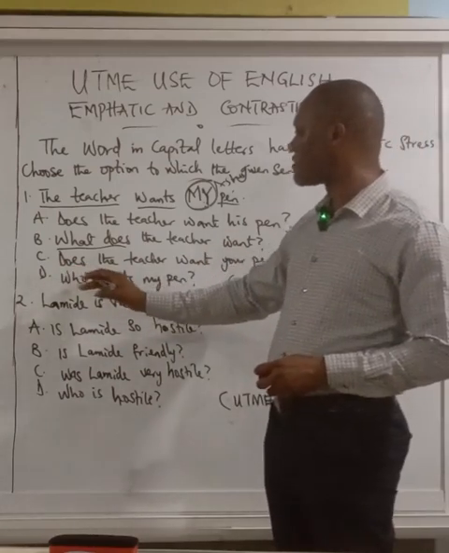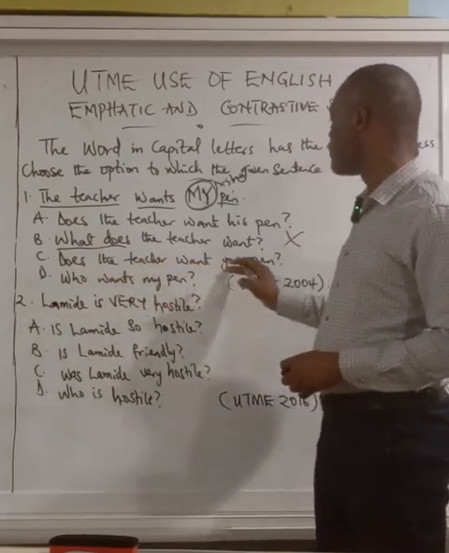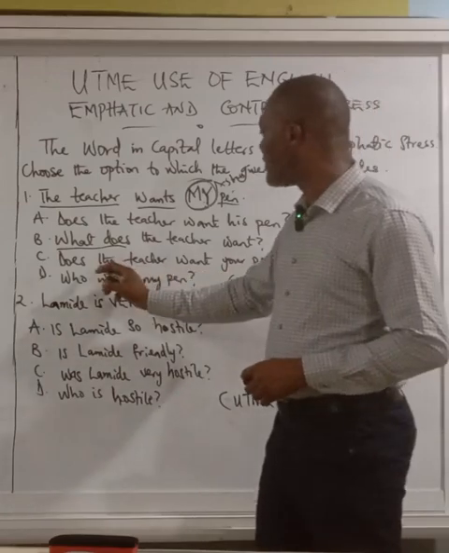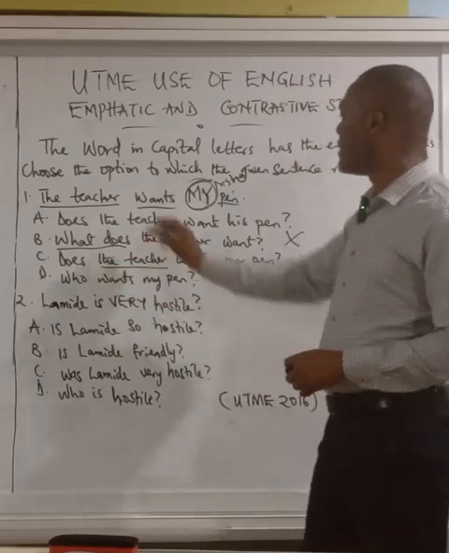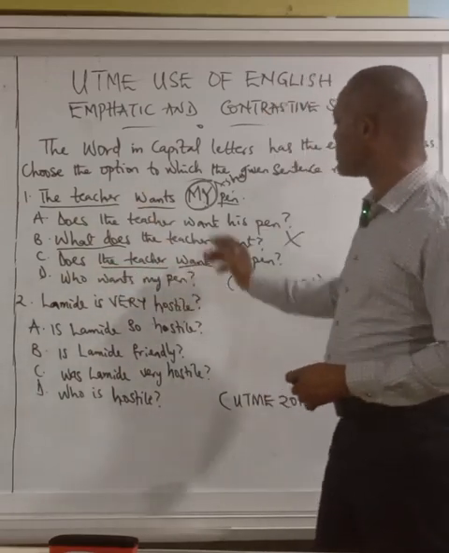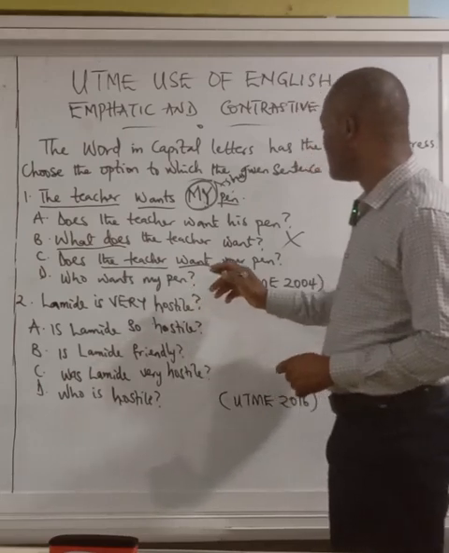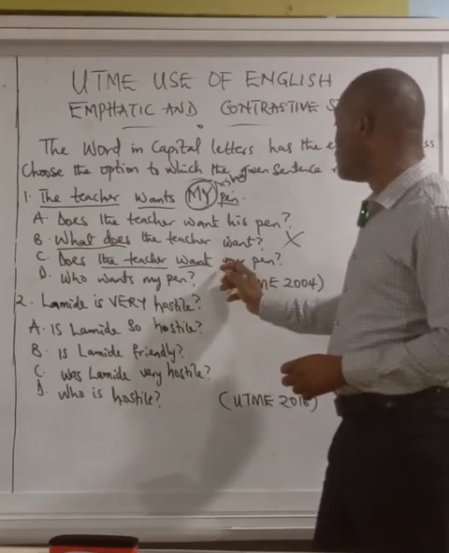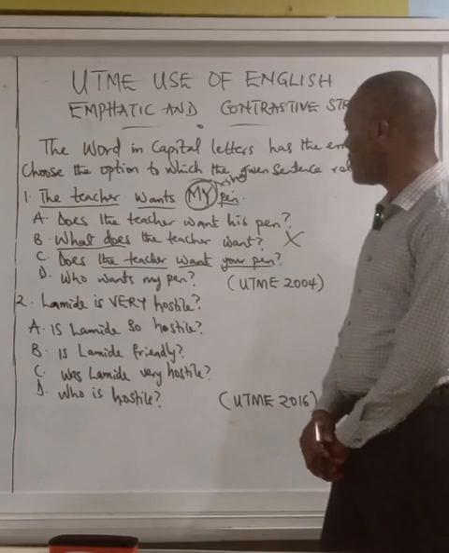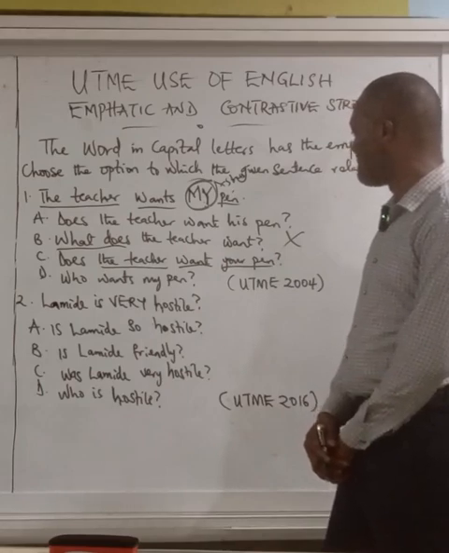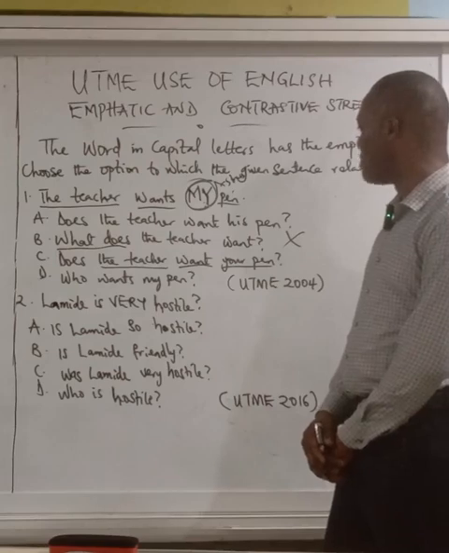Now, thus the teacher wants your pen. Now, you will look at this: the teacher is here, want is here, even though it is written in a plural form. Now, your pen is also here. Does the teacher want your pen?